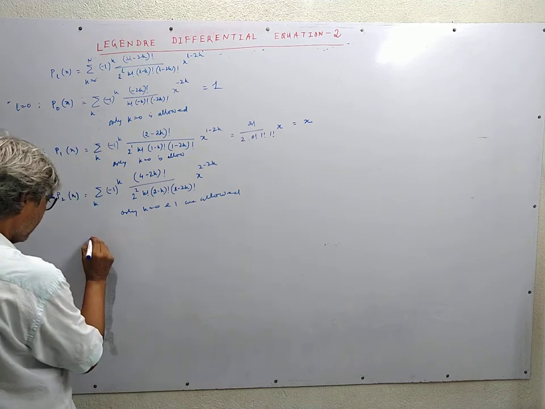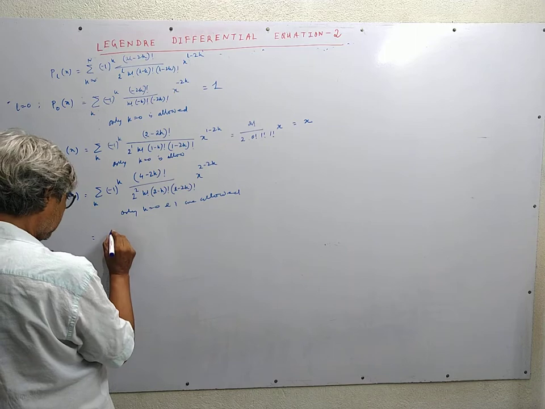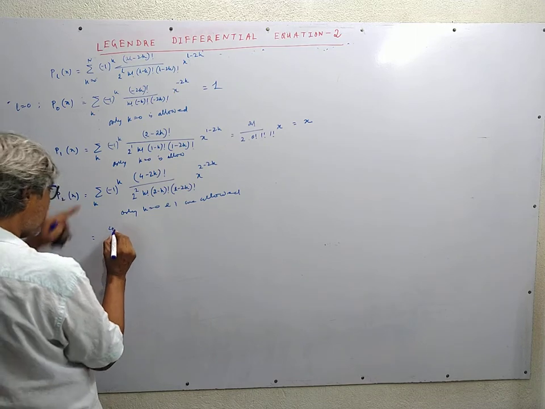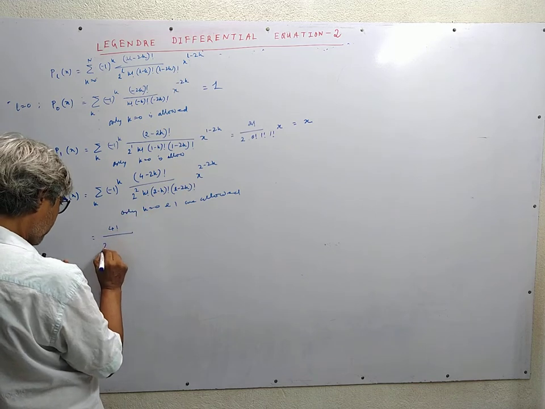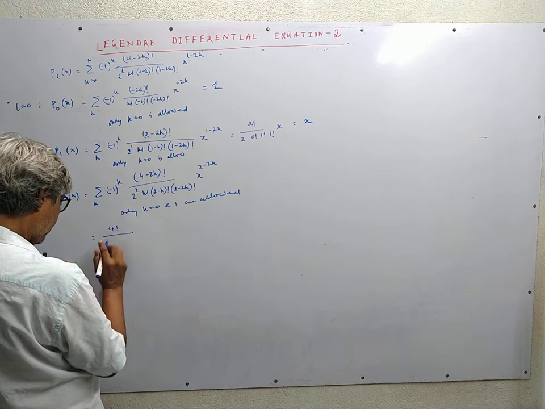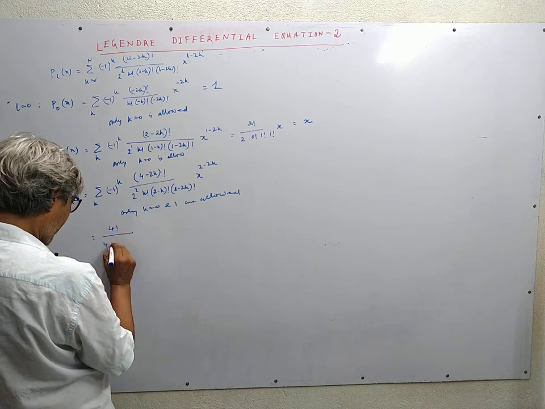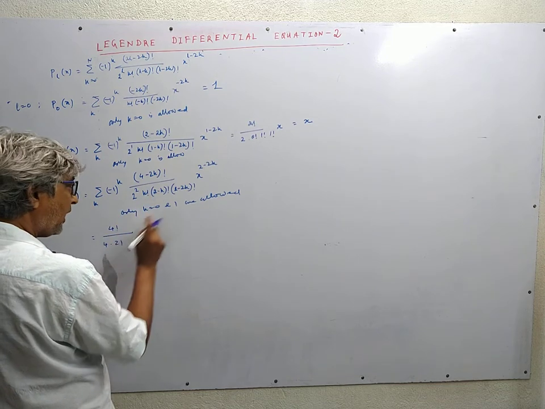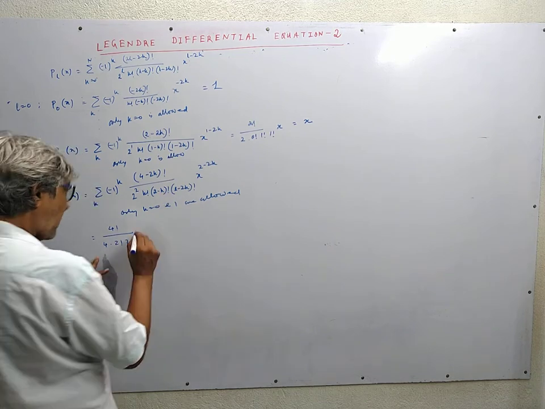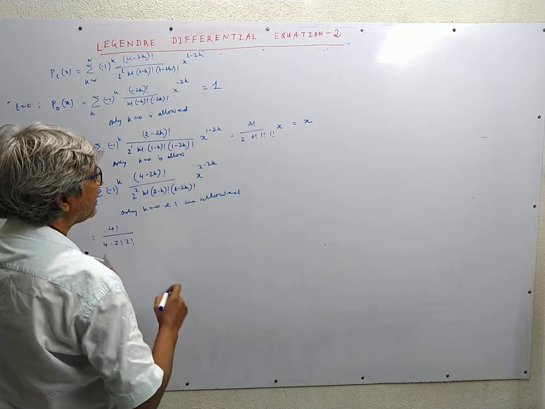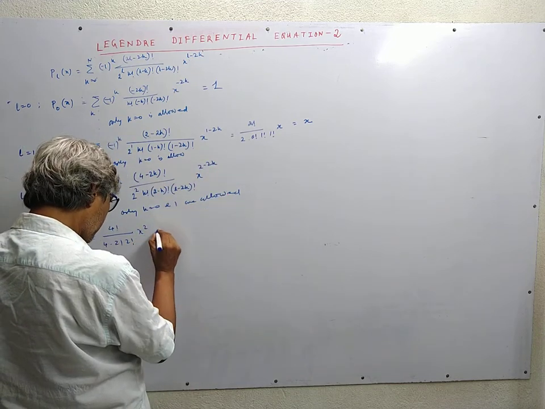For k equal to 0, the sign is positive, this is 2 to the power 2, that is 4, this is 0 factorial, this is 2 factorial, and this is again 2 factorial, times x squared.